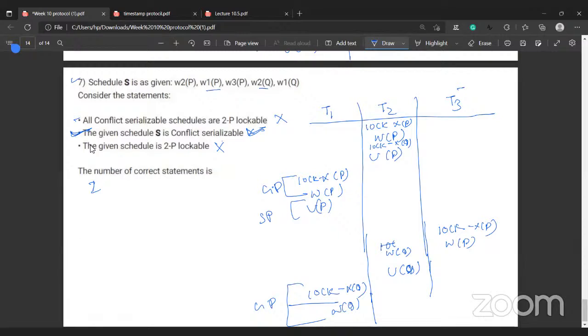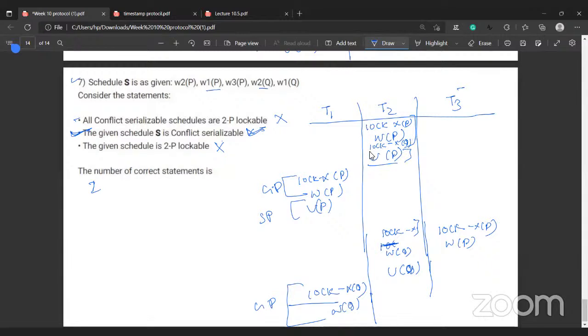So everyone got it? Sir, in T2 the lock for XQ, why is it happening there? Shouldn't it happen down? See, we have unlocked the P, right? So we want to make it 2PL lockable. If you apply lock XQ here, then growing phase, then shrinking phase, again growing phase. You can see that none of the transactions use the Q data item, right?